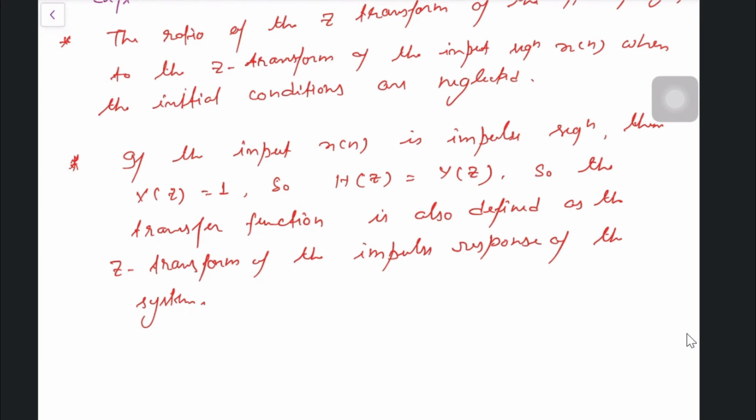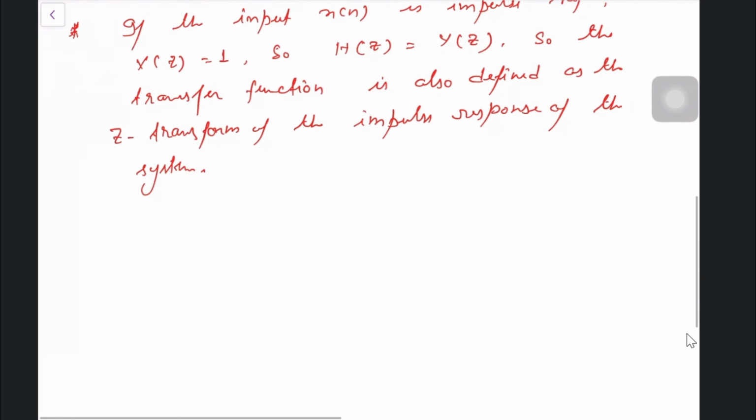Now I'm just writing this because we already saw this type of equation. H(z) equal to Y(z) upon X(z), and this can be represented in terms of a polynomial.